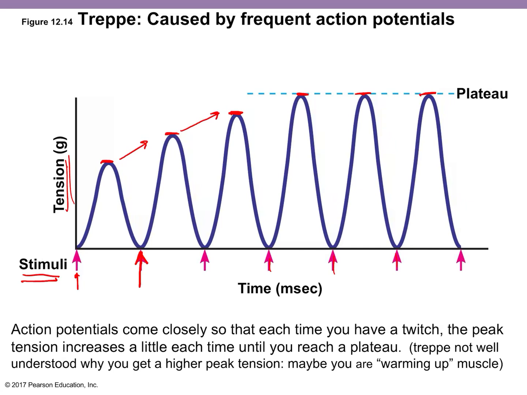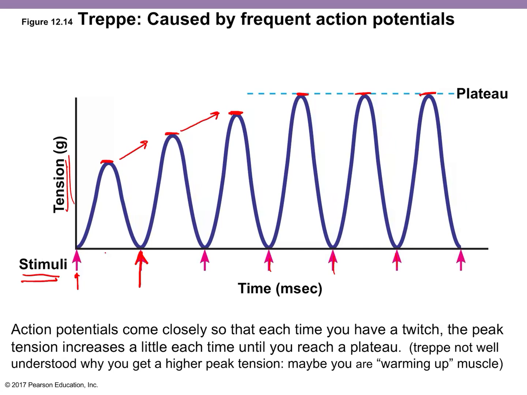They don't really understand why, with more action potentials, your muscle fiber can create more tension. One of the things mentioned in the book was that maybe you're just warming up, so the sarcomere is more able to connect those myosin heads to actin.